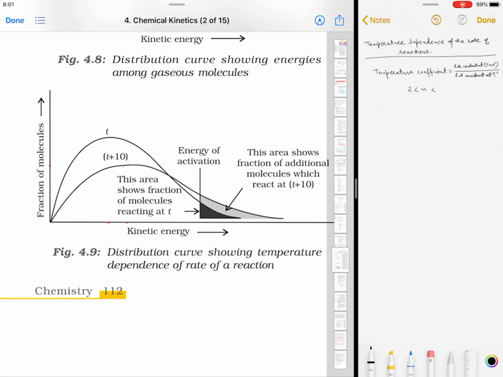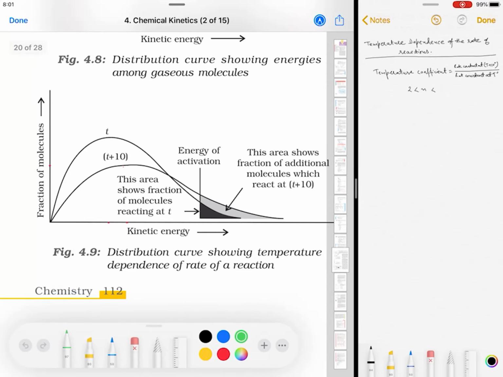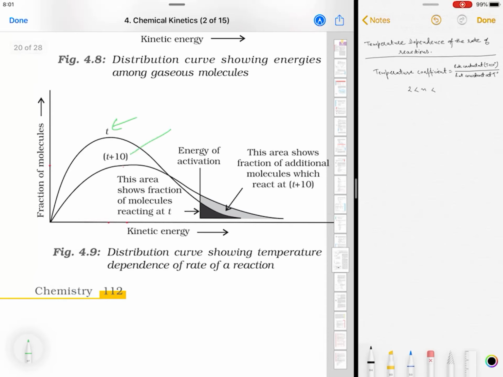One is T and the other one is T plus 10 degrees. So we have two different temperatures: first is T degrees and the other is T plus 10 higher.